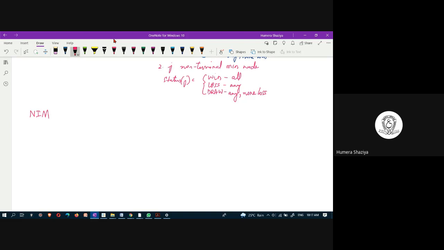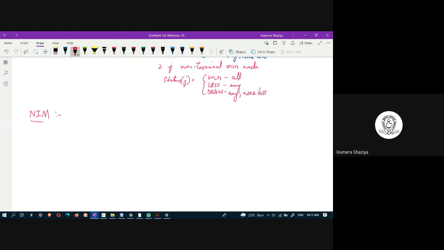Moves are made by the players alternately, and each player can pick up a maximum of half of the matchsticks in the pile. And whoever takes the last matchstick loses. This is the NIM game. Let us start playing the NIM game and understand how it works.